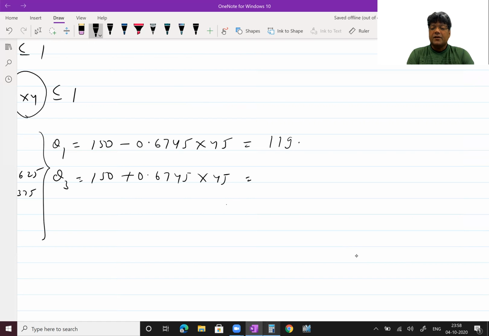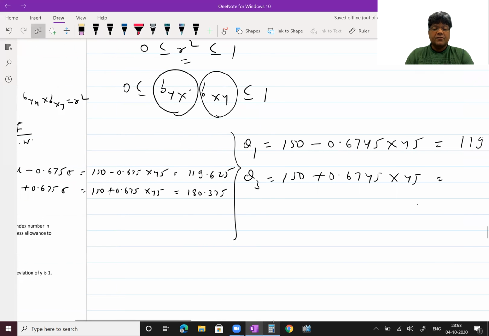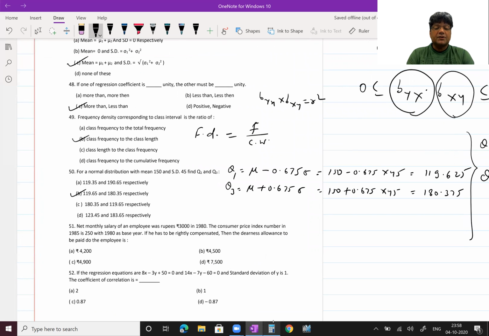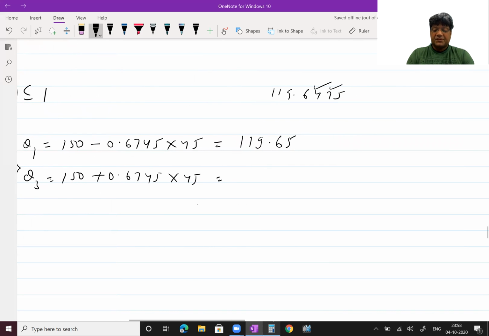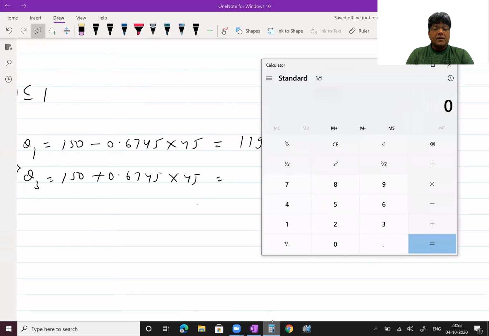So 119.6475 approximates to 119.65, because the next digit is 7, so it rounds up. Next, 0.6745 into 45 plus 150 is equal to 180.3525.